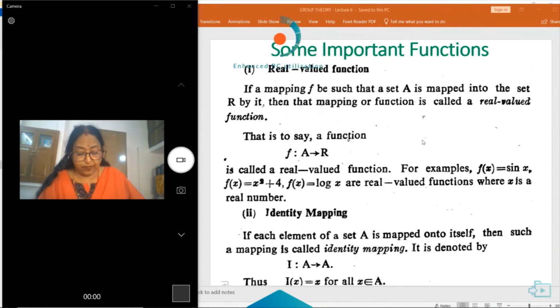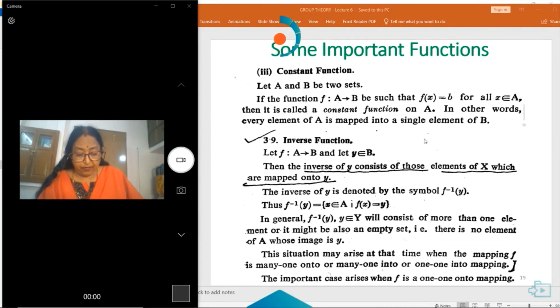Now, the constant function: if f(x) is equal to b for all x belonging to A, f(x) is the same or constant, it is an example of a constant function.